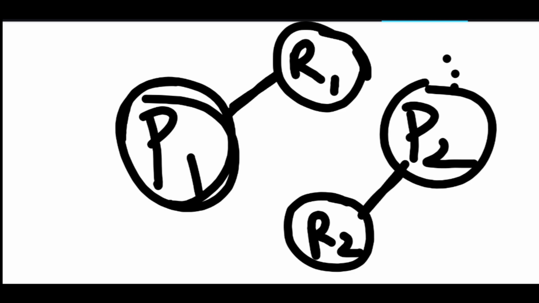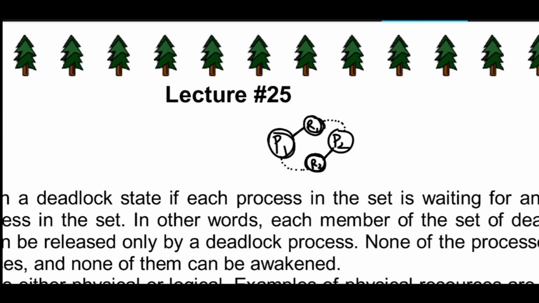P2 is requesting R1 and P1 is requesting R2, but these resources are held by the other processes. P1 never gives up R1 and P2 never gives up R2. This condition creates a deadlock. Okay, simple. Let's move.